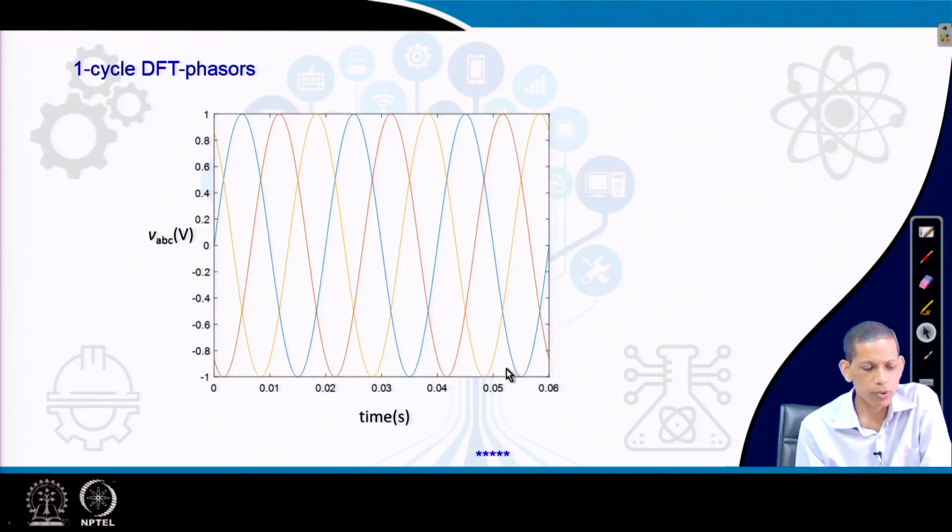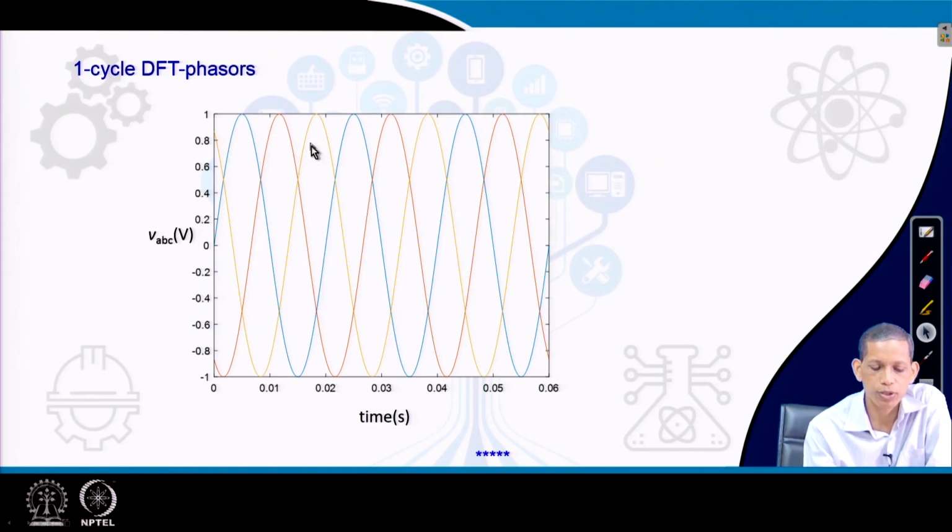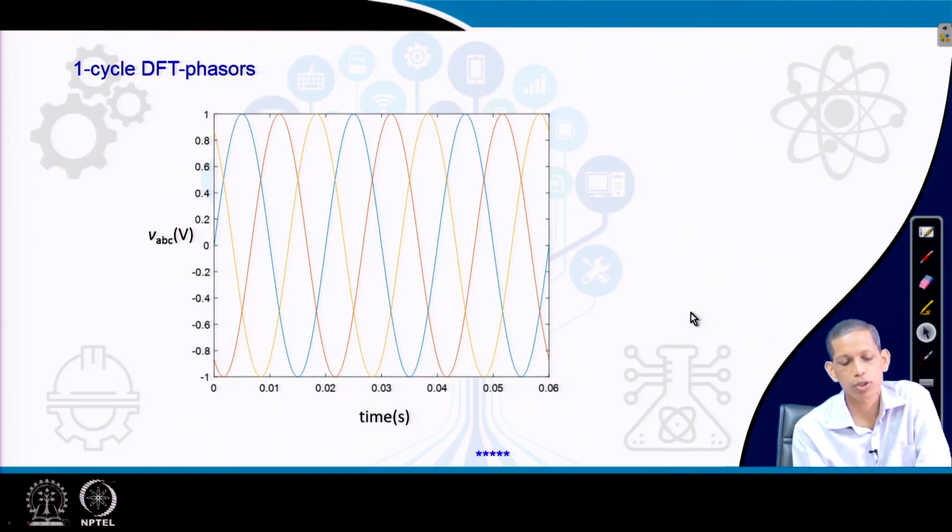Now, let us take another example: how the one cycle DFT can be useful from the sequence component perspective. Let us say these three plots are the voltages of a three-phase system, A, B, C. We would like to compute the corresponding phasors. For each signal we use the one cycle DFT.